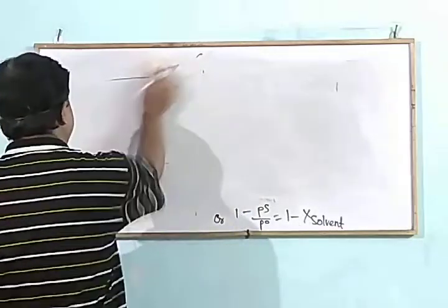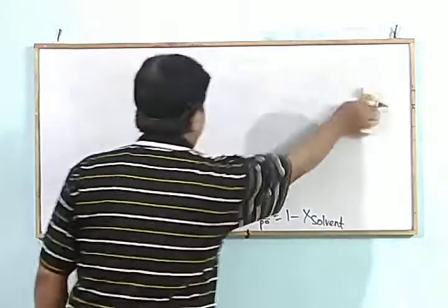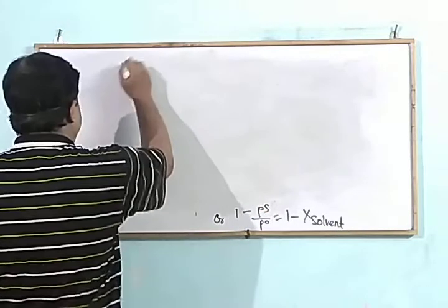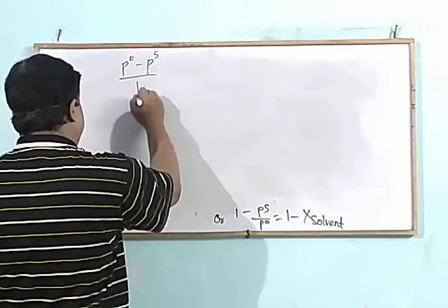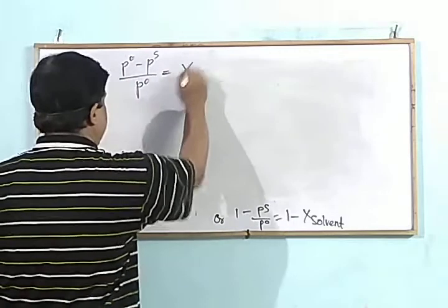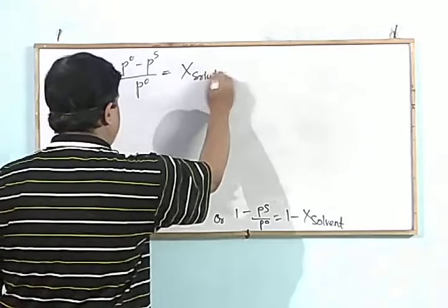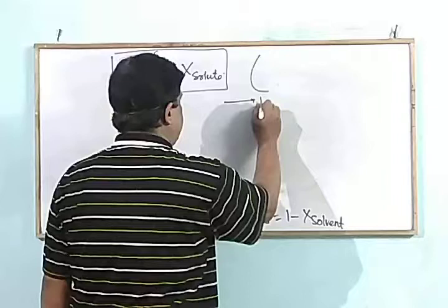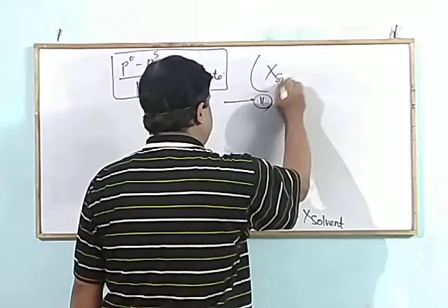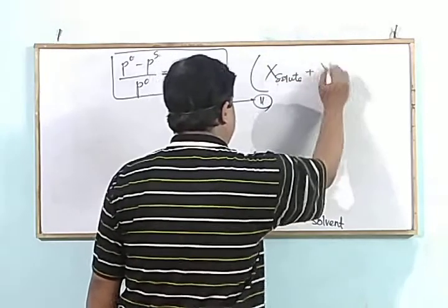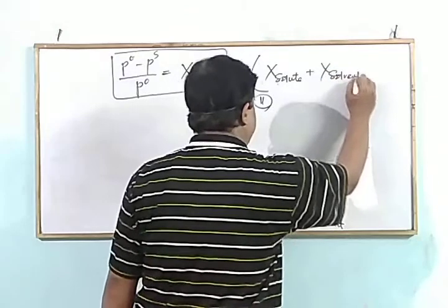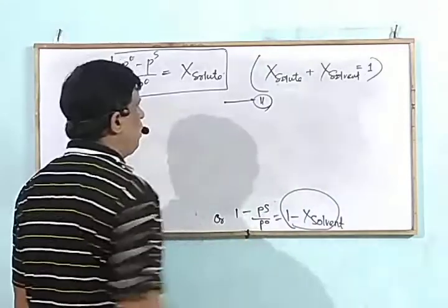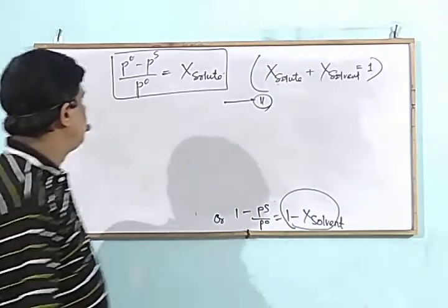On simplifying this equation, it becomes P naught minus PS by P naught is equal to X solute, the mole fraction of solute. This is equation 2. We know for a binary solution, mole fraction of solute plus mole fraction of solvent is equal to 1. So 1 minus mole fraction of solvent is equal to mole fraction of solute.